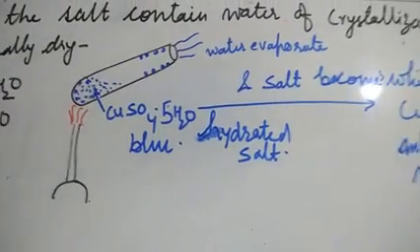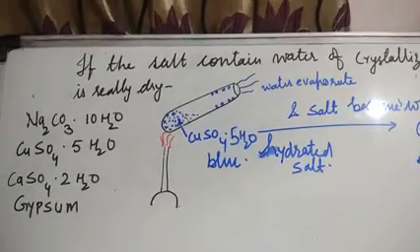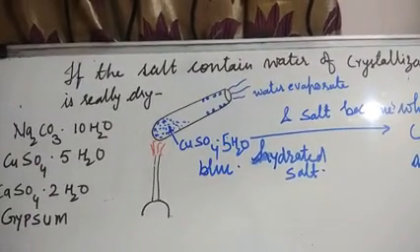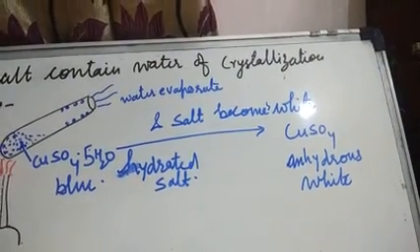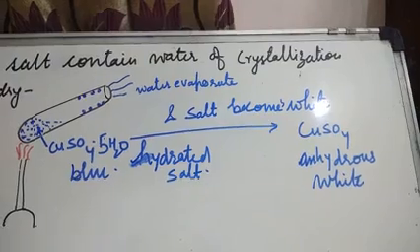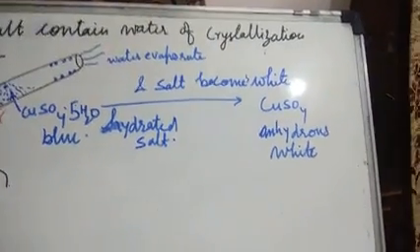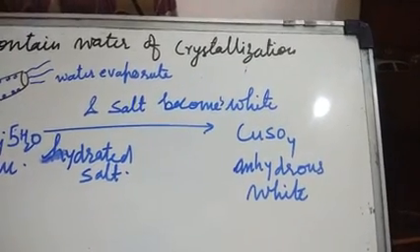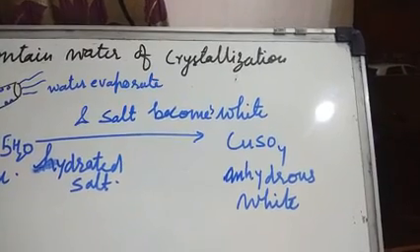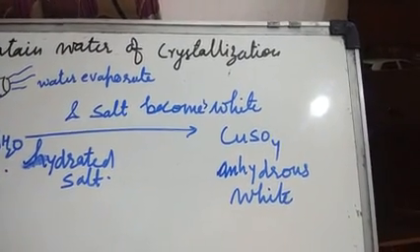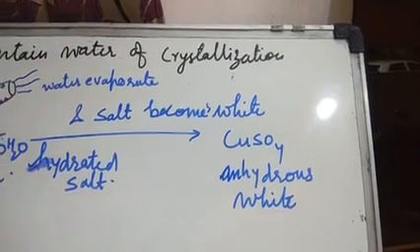Easily you can identify, students, that blue colored copper sulfate is hydrated salt having water of crystallization. If I show you some white colored salt and ask whether this copper sulfate is hydrated or anhydrous, if white color is there, you will certainly say that is anhydrous copper sulfate. And as you dissolve that white copper sulfate in water, it becomes hydrated again. So the color obtained will be blue.